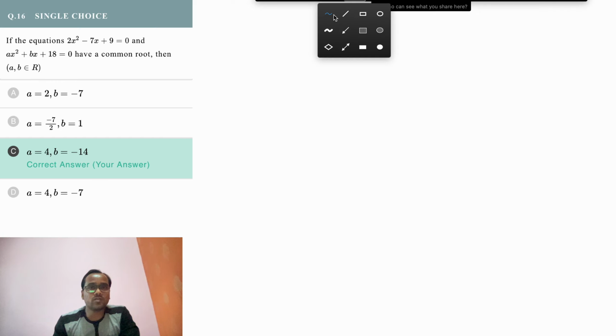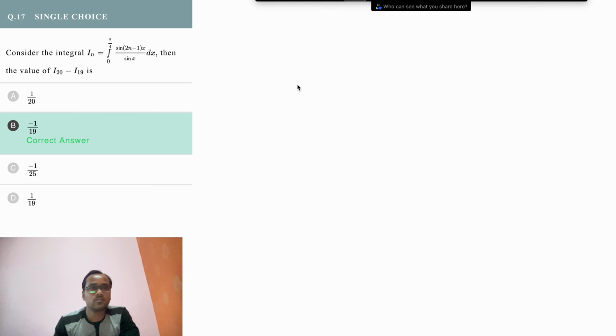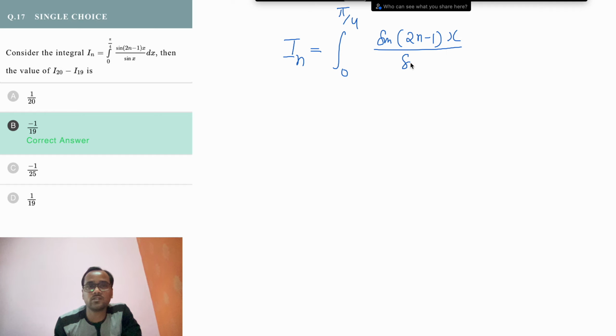Now let's come to question number 17. Consider the integral I_n equal to integral from 0 to pi by 4 of sine of (2n minus 1)x upon sine x dx. They want you to find I20 minus I19.